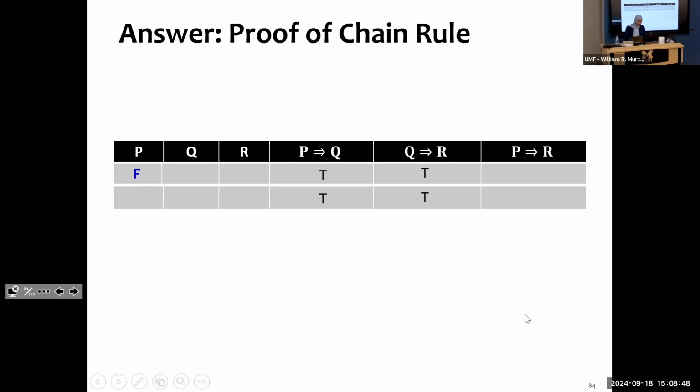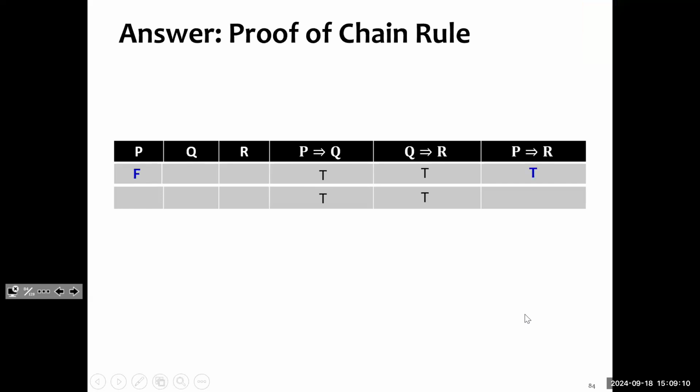So let's find the second answer if everyone is done. I know that P implies Q is true, okay? And that Q implies R is true. So P implies R is true. Then the next one: if one time it's false, then the next time it would be true.